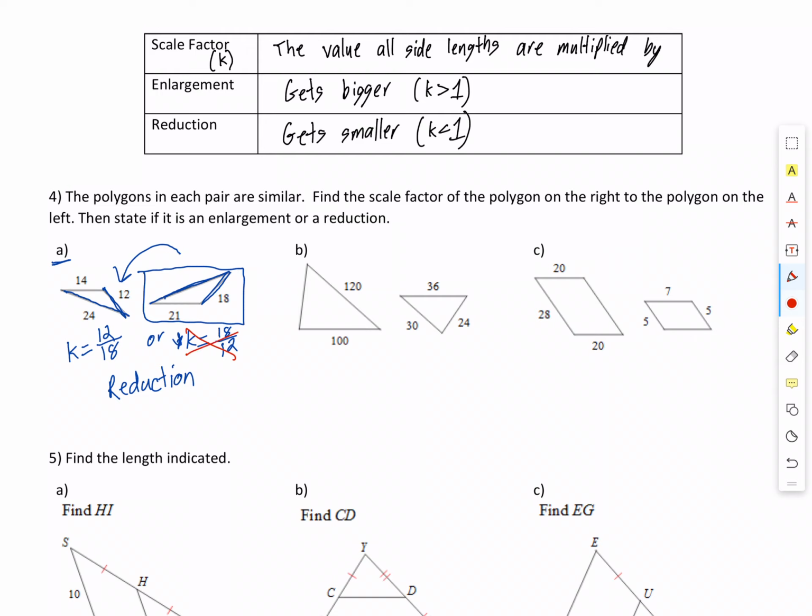So we're looking at the first one. 12 divided by 18 gets us 2/3, or 0.67. So our K is equal to 0.67, and that's a reduction.